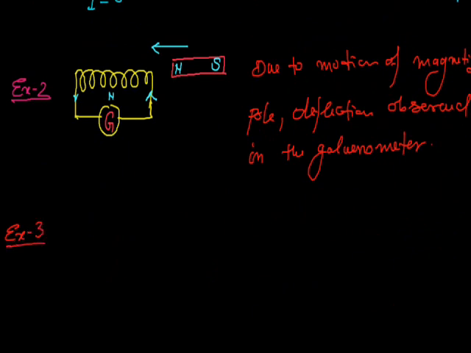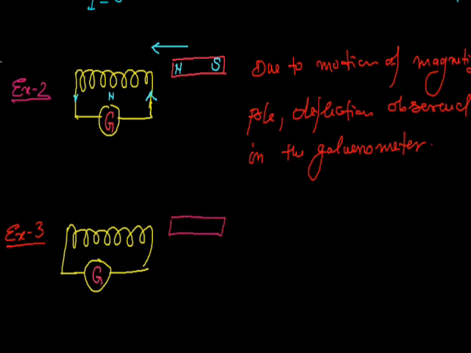Example number 3. When the North Pole goes far away from the loop, again deflection occurs, but the direction of current becomes reversed from the previous one.